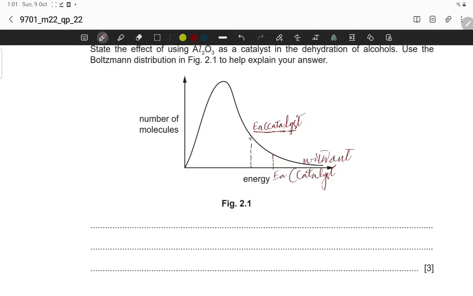So in the presence of catalyst, a greater proportion of molecules have more energy, so they react with the reactant molecules to speed up the rate of reaction.